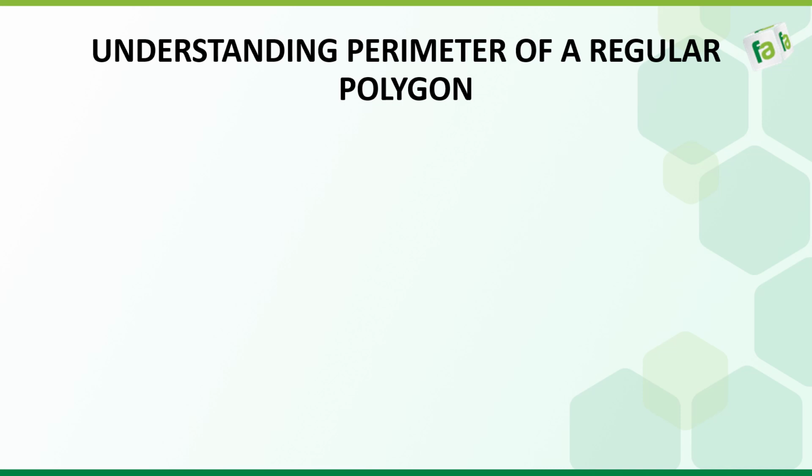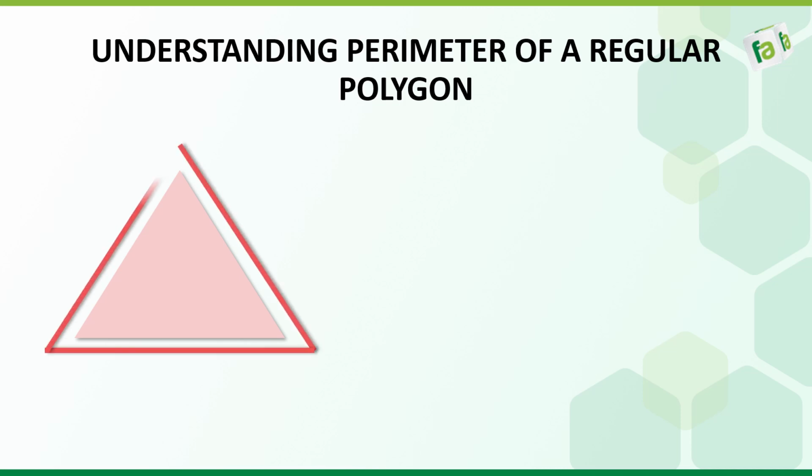Consider this example. Sheena wants to decorate a triangular shaped wall hanging by covering all its sides with a ribbon. You have to find the length of the ribbon she requires. To know the length, she simply measures all the sides and adds it up.